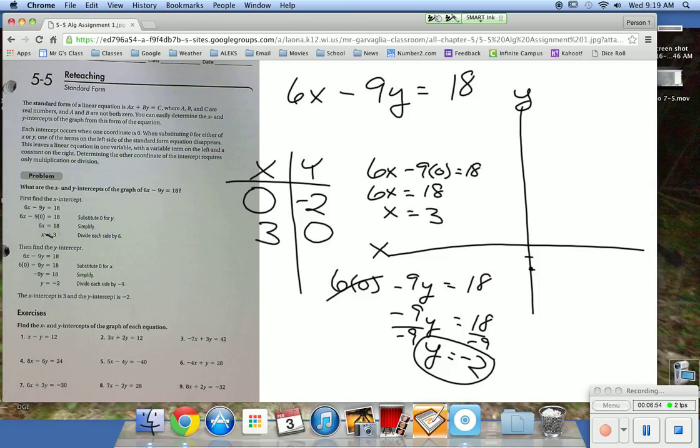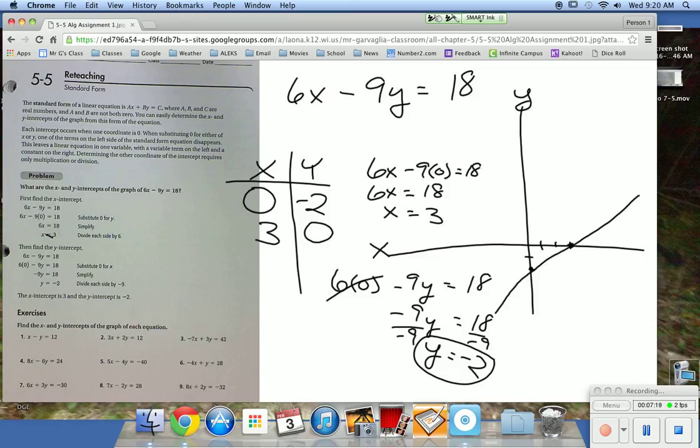I can graph that. I start at x equals 0: 1, 2, 3. This is where my x equals 3. Do you see how I found my 2 points? Can I graph this with 2 points? Yeah, right here.